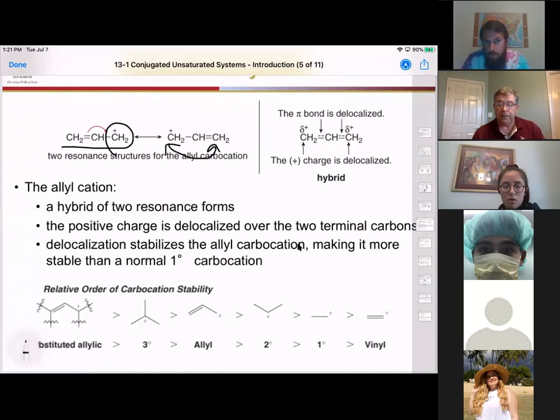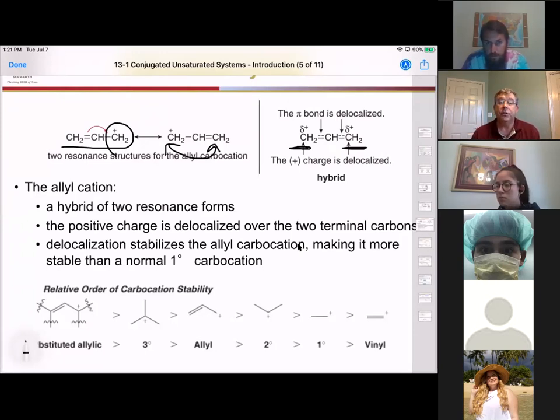Okay, which means if we look at our hybridized system here, we have a partially positive charge on one carbon and a partially positive charge on the other carbon, which leads it to be more stable than a regular carbocation. Okay, so this allylic cation has greater stability than a regular cation because of the delocalization.